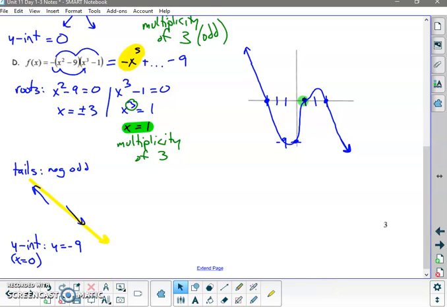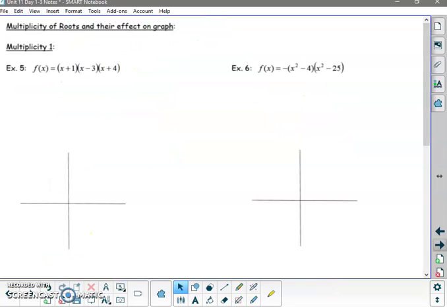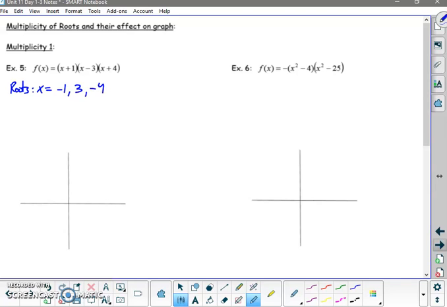All right, I'm going to kind of skip through quickly here. Pick and choose certain ones to do. Multiplicity of 1. Let's take a look at this example here, example 5. All right, so very quickly, my roots. This one's nice. It's already completely factored. So basically x equals negative 1, positive 3, negative 4. Right? You just take the opposite of what's in the factors. So my tails, or end behavior.